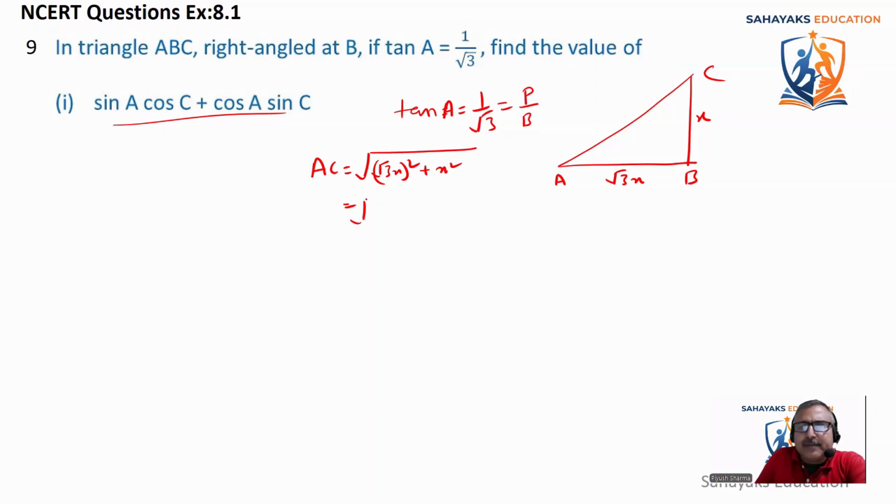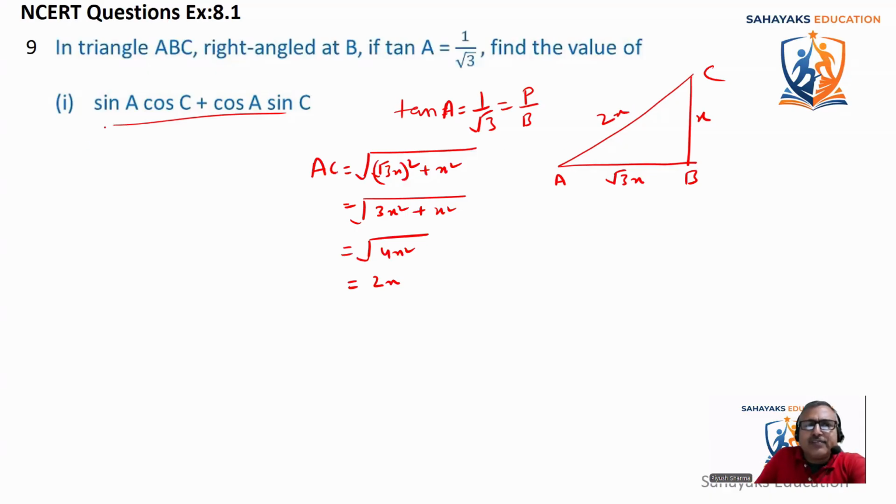So it comes out to be (root 3x) square is 3x square plus x square, square root of 4x square, and the value comes out to be 2x. Though the value will also come out to be minus 2x, but the side cannot be minus. We will not take it. So we'll take the side as 2x.